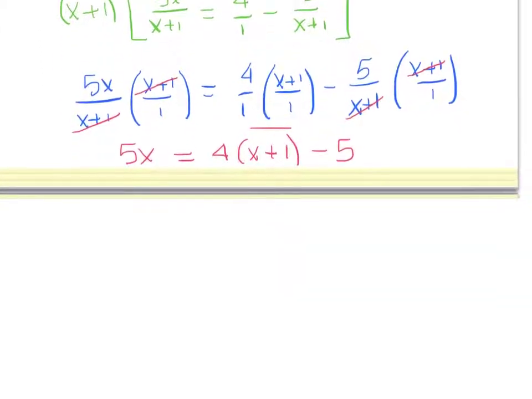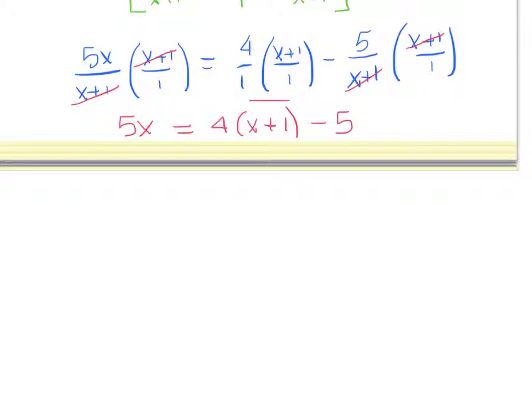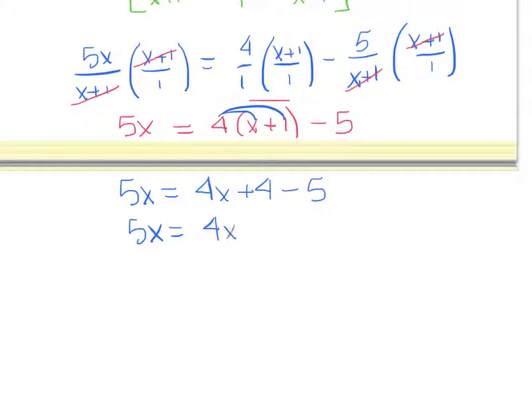So if I go ahead and simplify everything, I see that I have 5x is equal to 4x plus 4, and all I did was distribute this 4, minus 5, or 5x is equal to 4x minus 1.